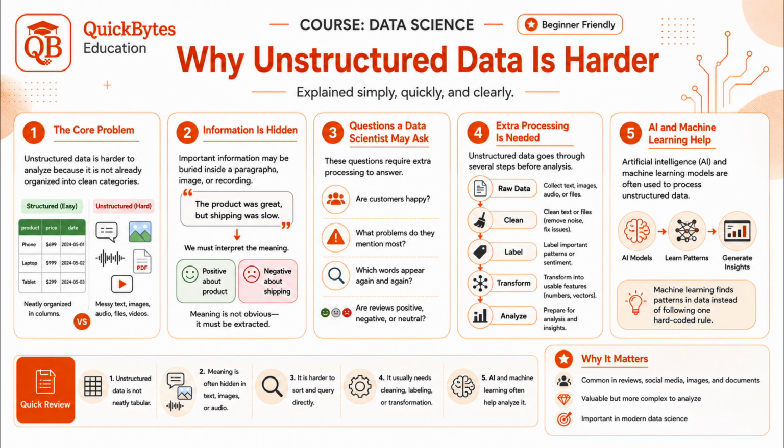Which words show up again and again? Are reviews positive, negative, or neutral? To answer those questions, the data may need to be cleaned, labeled, transformed, or processed by artificial intelligence, also called AI or machine learning models. Machine learning means computers learn patterns from data instead of being manually programmed for every single rule.